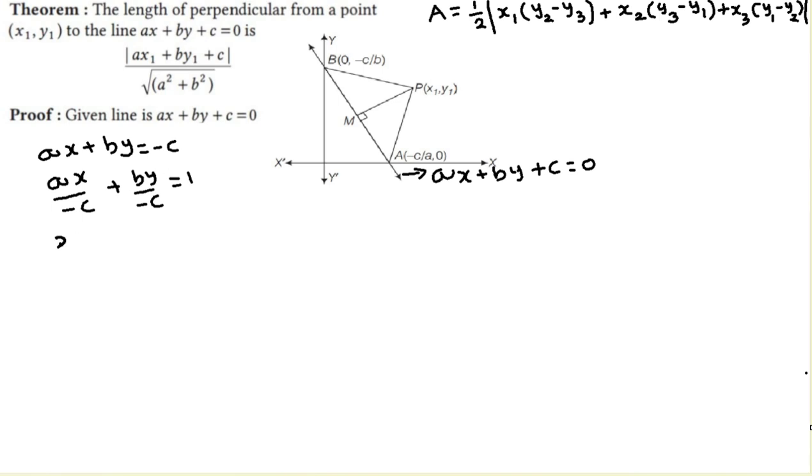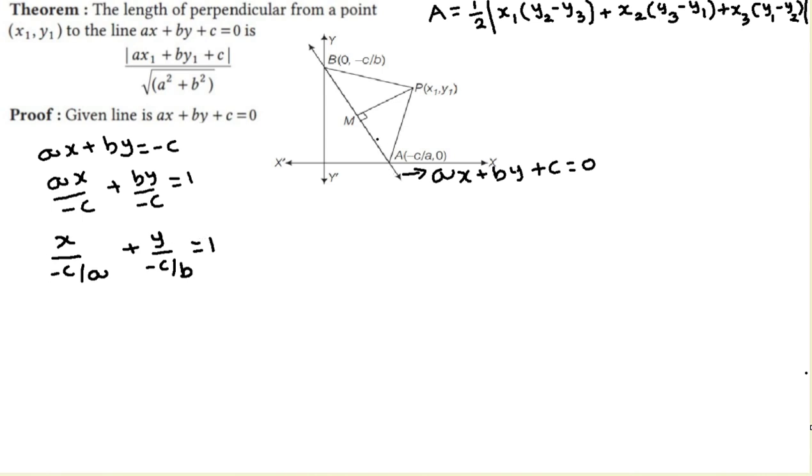Now we can write it as x upon minus c by a plus y upon minus c by b is equal to 1.